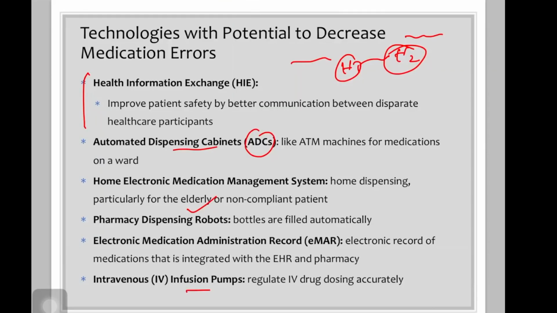Then we have the IV pumps. For example, people who take insulin can use that pump with a patch, and from time to time the pump can automatically release the insulin, so they don't need to take their injections manually. Then we have the EMAR, the electronic medication administration record, which is integrated with the EHR and pharmacy.